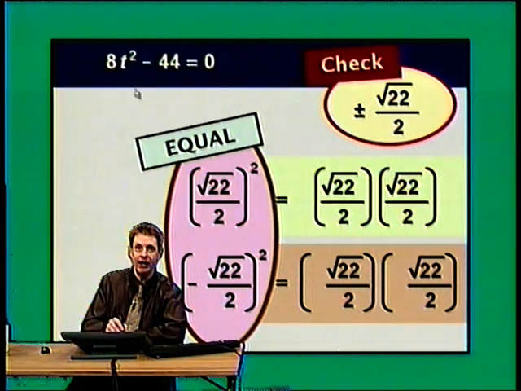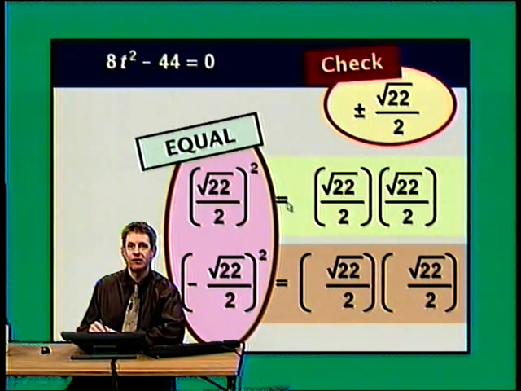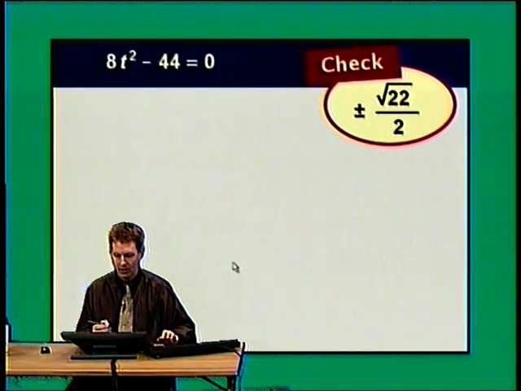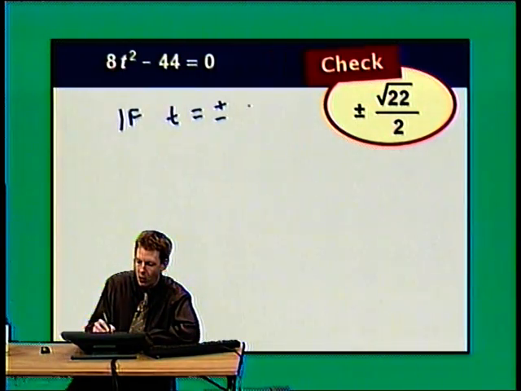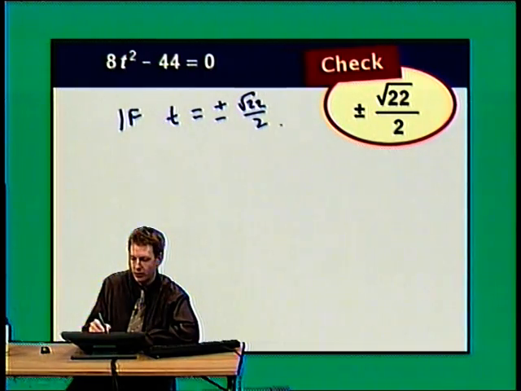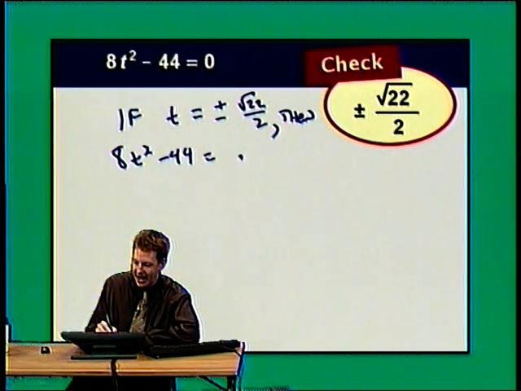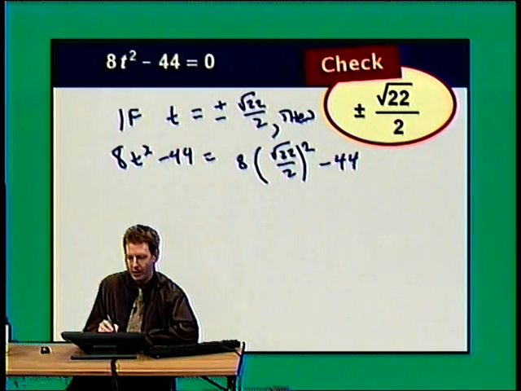Now, when I look at my equation, the only occurrence of the variable is a squared occurrence. And since the square of both of these numbers is the same, I can check both of these solutions at the same time. So if t is plus or minus the square root of 22 over 2, then 8t squared minus 44 is going to be 8 times the square root of 22 over 2 quantity squared minus 44.